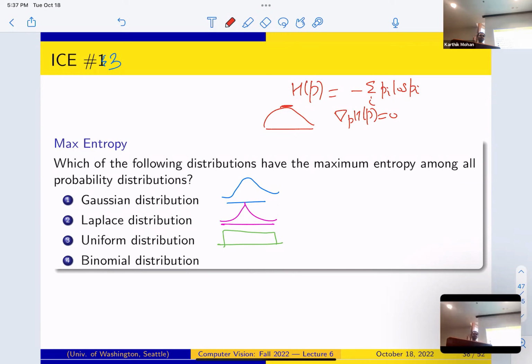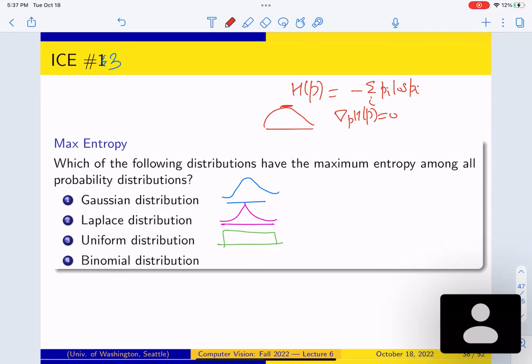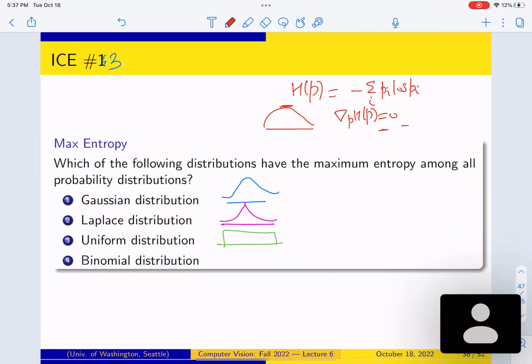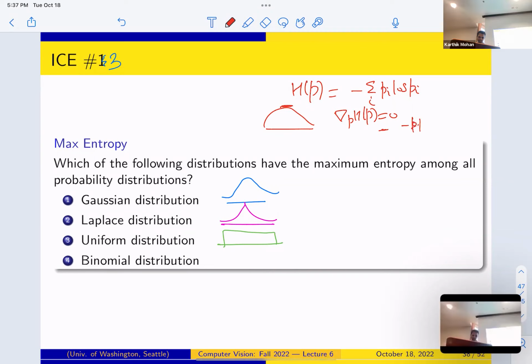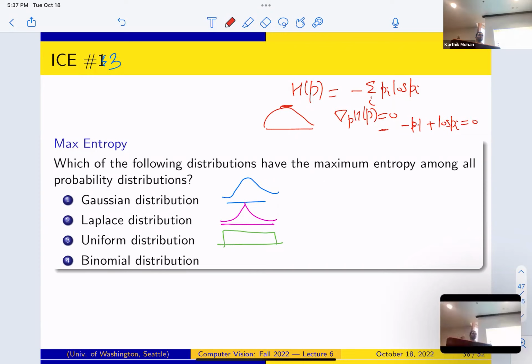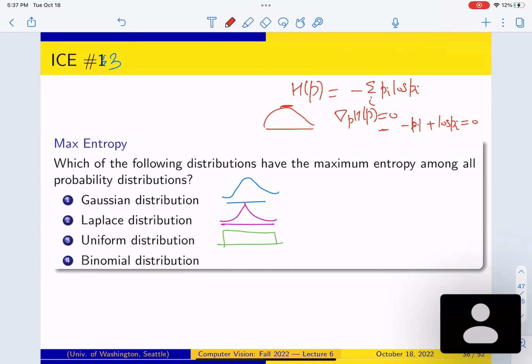So if you find the one that sets the gradient to 0, that's the top, which is the maximum. So if you do that, you get minus log P_i minus 1 plus lambda equals 0. So that means all P_i is a constant. So log P_i is constant, it's uniform. Right? Because it doesn't matter where the i is, it's the same thing.